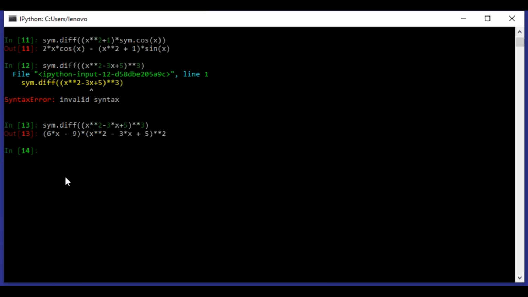Here we give it like this, x comma y equal to sym.symbols, where the s is a small letter, then in brackets, in single quotes, 'x y', close the single quote, then close the bracket.